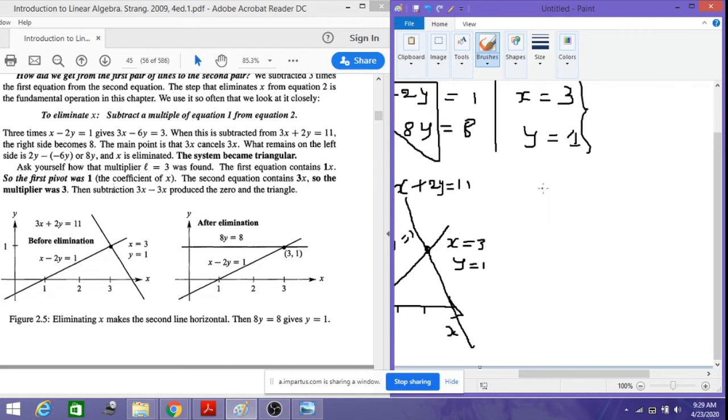Now if I plot this on the xy plane again, this is my x and this is my y here. Let us divide this into 3, so this is 1, 2 and 3 here.